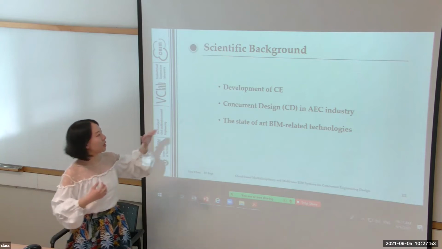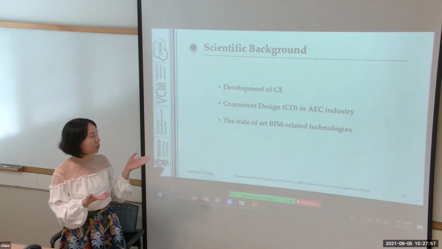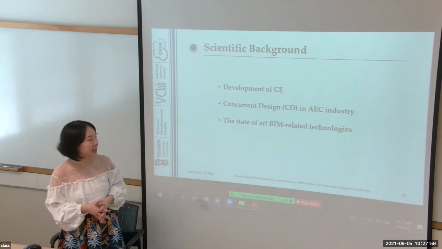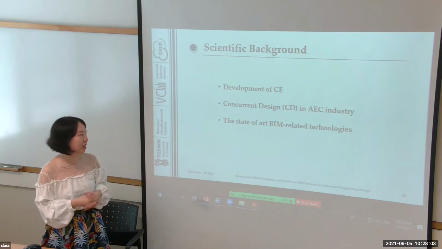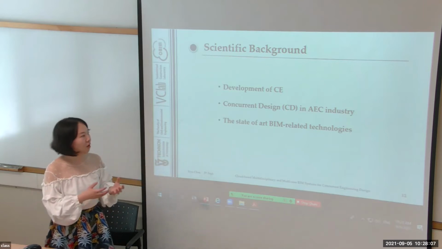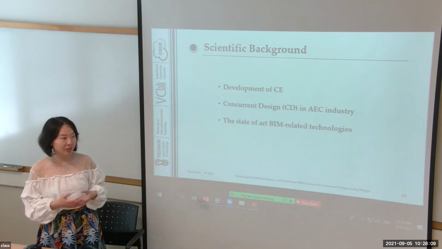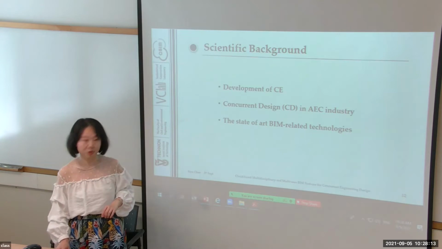Then we will look at a few limited cases related to concurrent design in the AEC industry and analyze its current limitations. And at last, we will look at what kind of technologies are promising to support this kind of concurrent design in the AEC industry.